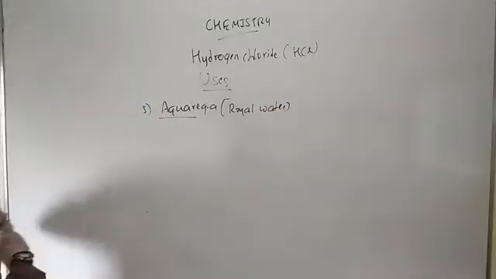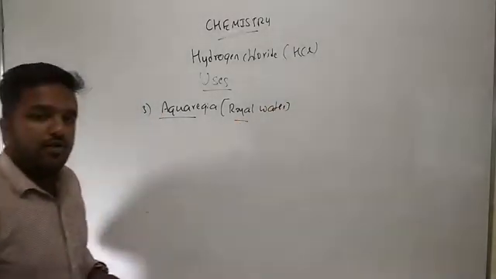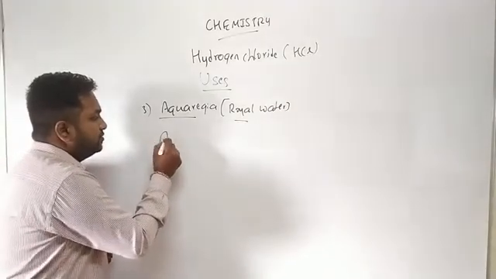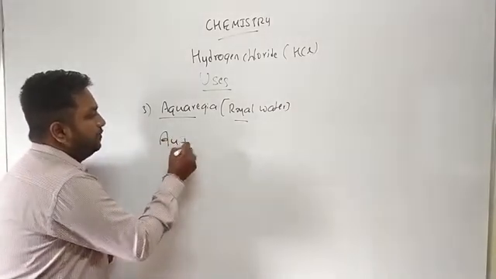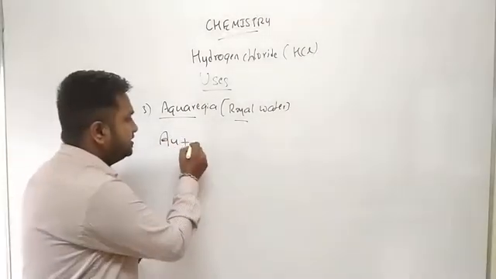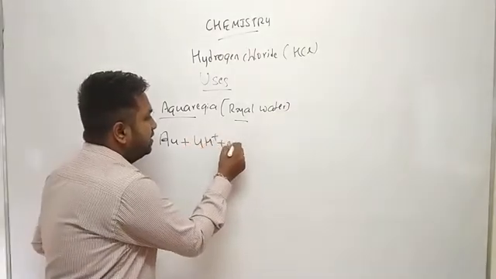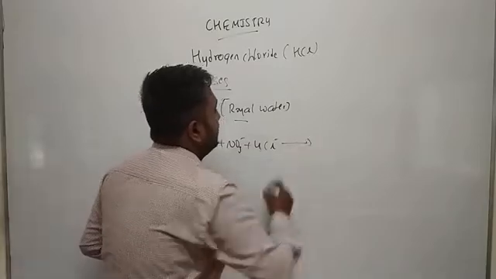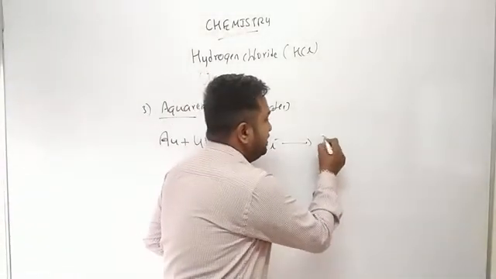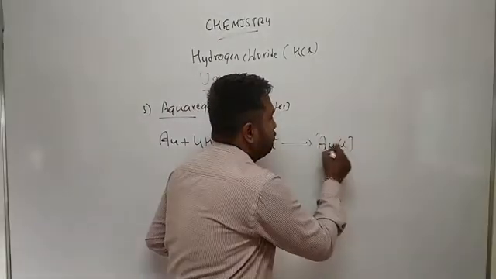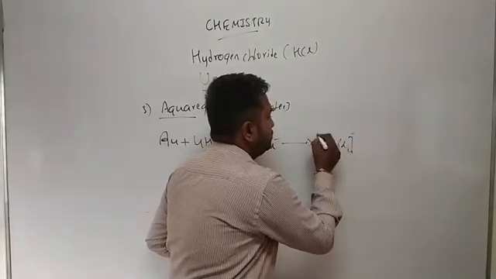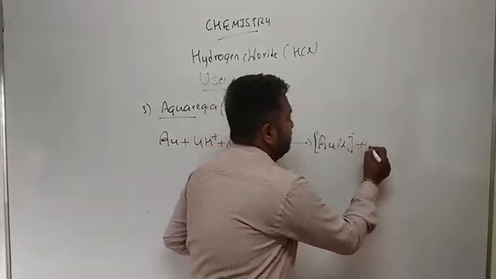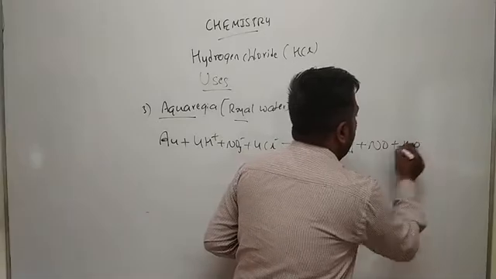Okay, so let us look at the reaction with gold. What happens, how it gets dissolved. So gold, Au, when it is treated with aqua regia, that is 4H plus, NO3 minus, plus 4Cl minus, what happens, it forms AuCl4 minus plus NO plus 2H2O.